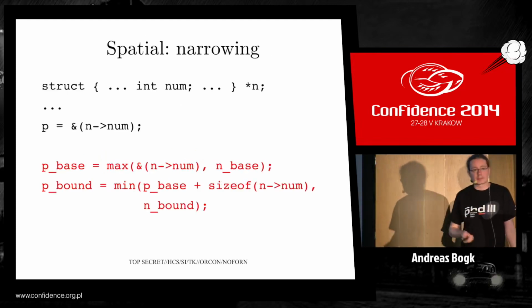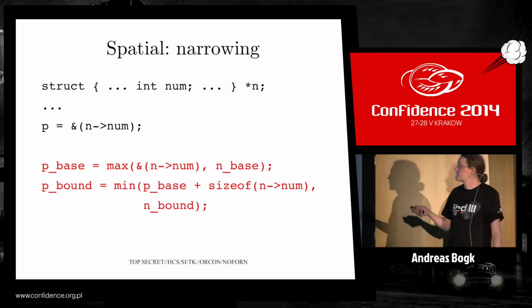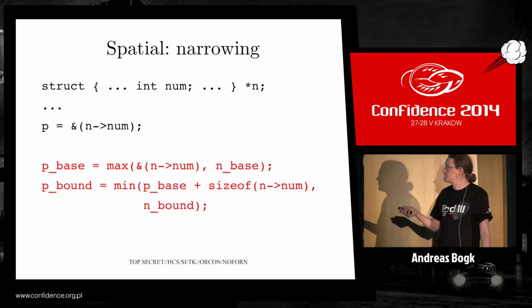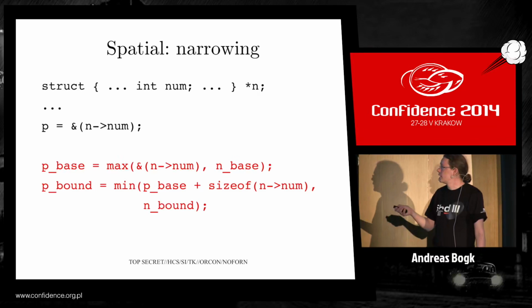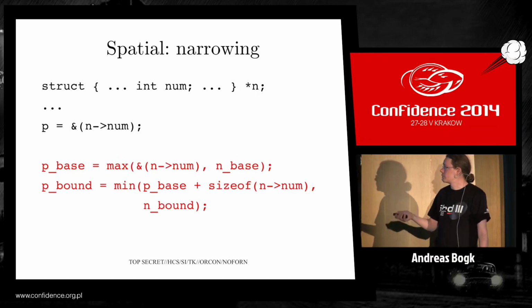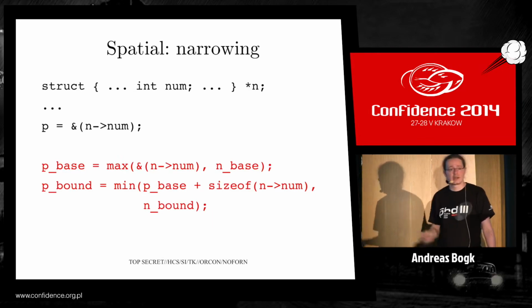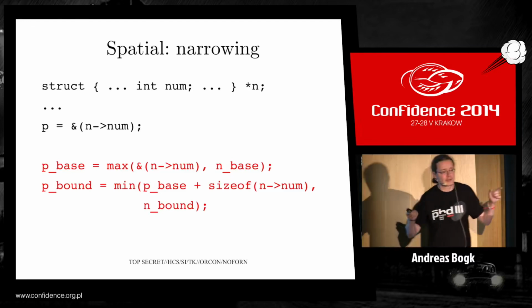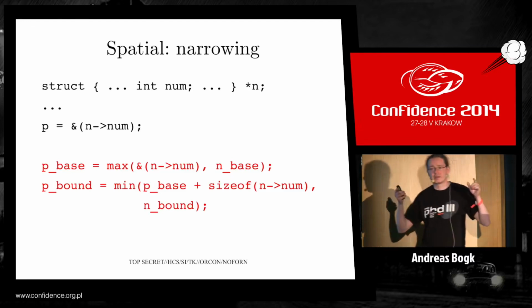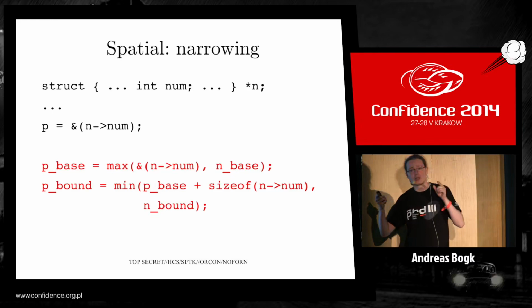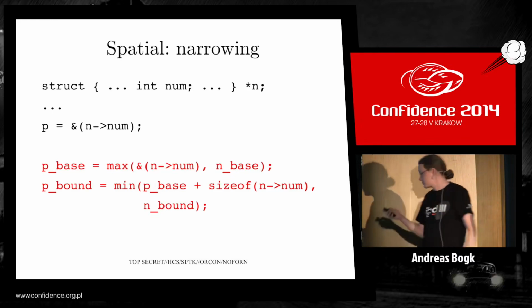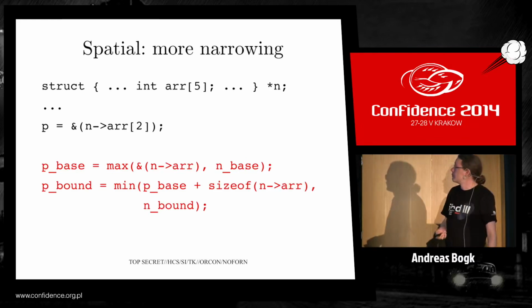So this is a very interesting special case when I take the address of an element inside a struct. I need to narrow my base and the bound. So that means if I'm taking the address of that struct element here, I want only that part of memory to be my new object that I'm having base and bound values for, in order to prevent the intrastructural overrun into other elements here.